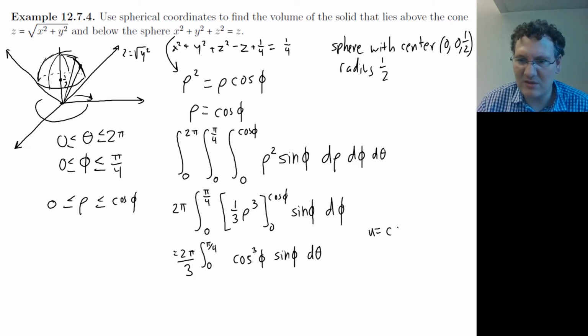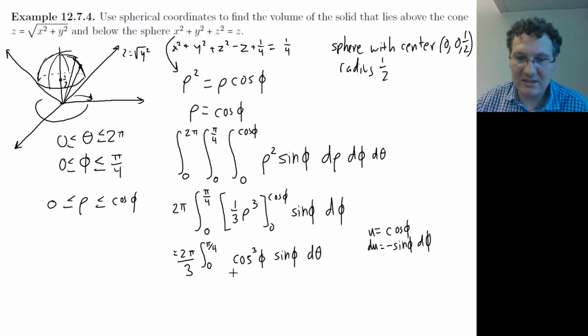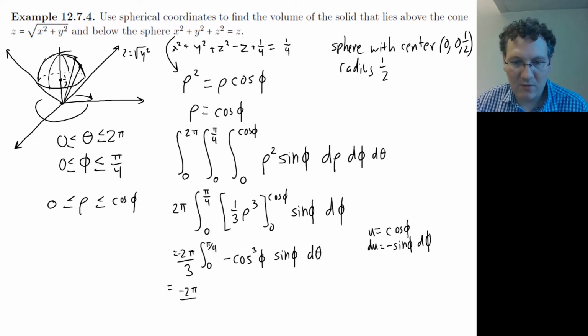I'll let u be the cosine of phi. du is going to be negative sine phi d phi. Right? So this isn't negative, so I'll have to make it negative, and I'll have to make this negative as well to make things equal. So we have negative 2 pi over 3.